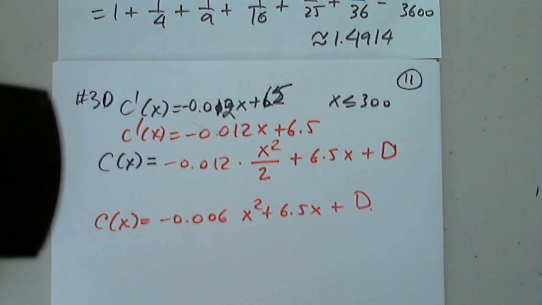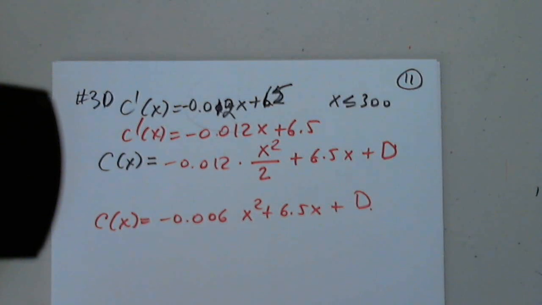So what do we do? Any suggestions? You plug in 200. So there's x. But then what do we do with d? It's a very good point.